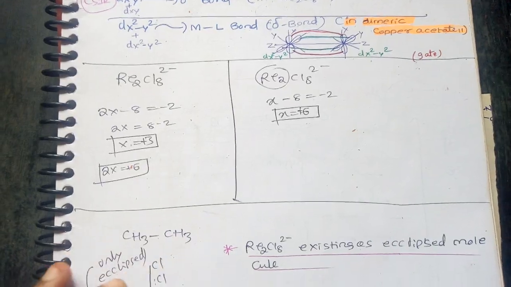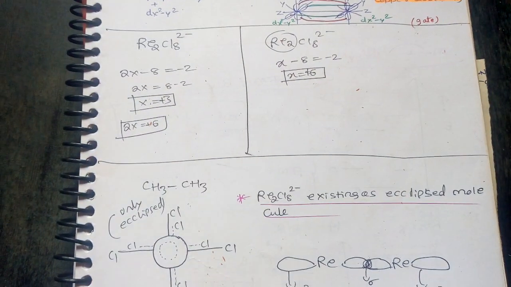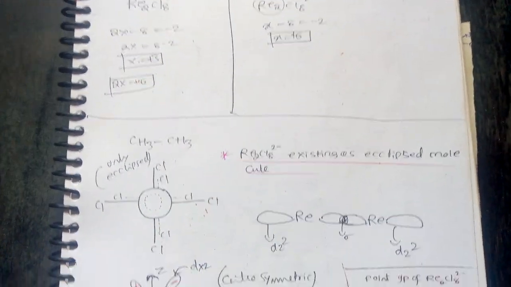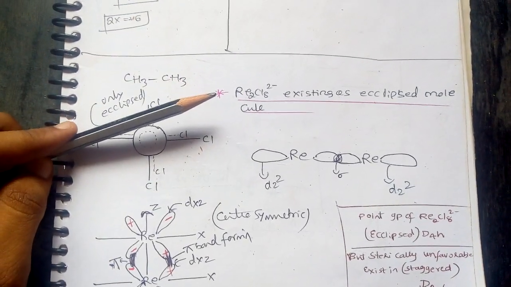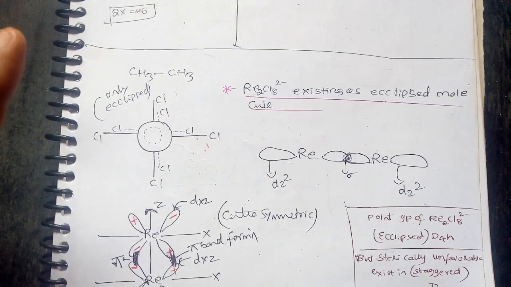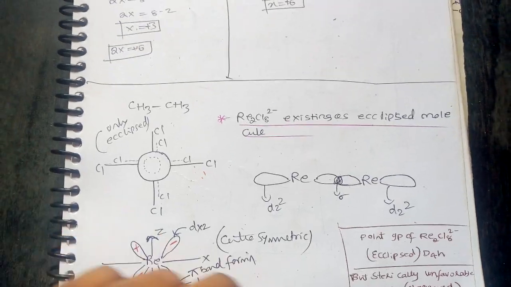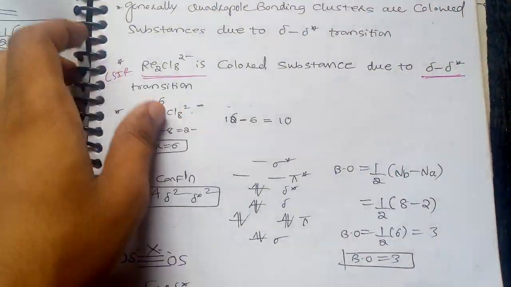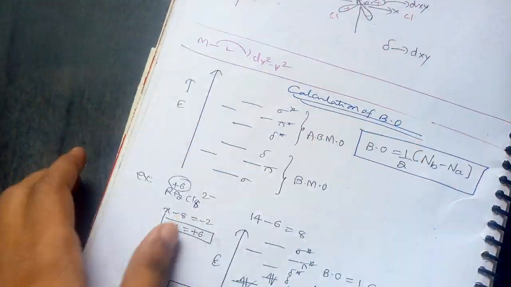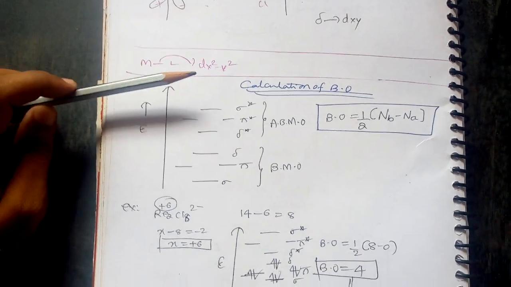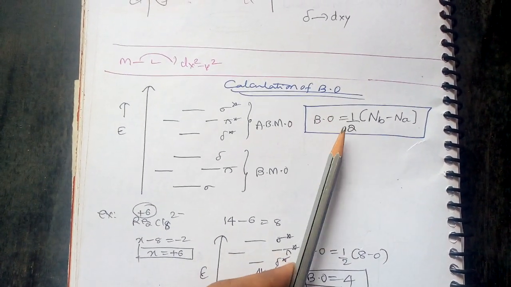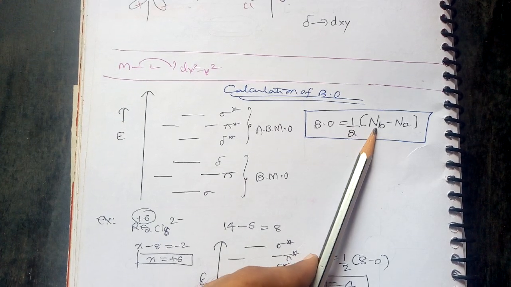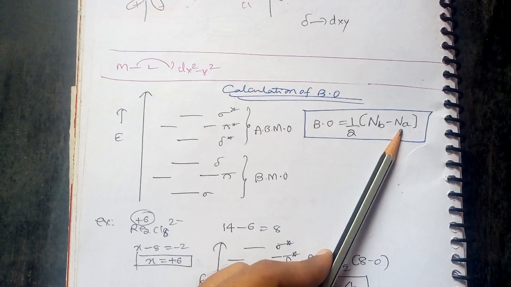These are the basics. First, we have to know that Re2Cl8 exists as an eclipsed molecule. Next I will explain how to do the calculation of bond order. As you know, bond order is calculated as half of the number of bonding electrons minus antibonding electrons.